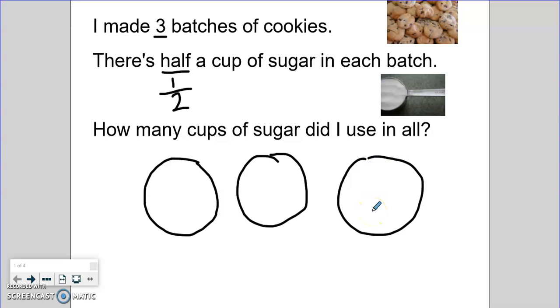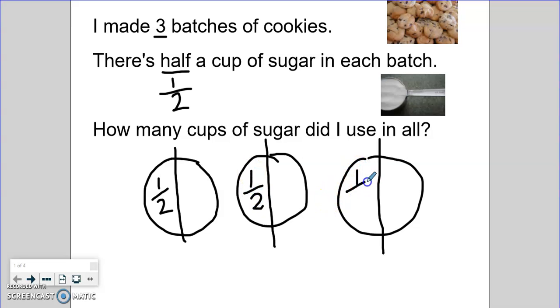Now, there's half a cup of sugar in each batch. So I'm just going to divide these cookies in half and say this is 1/2, this is 1/2, and this is 1/2. Now, multiplication is just repeated addition.